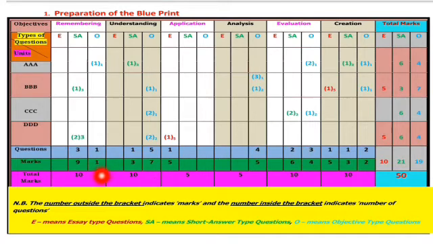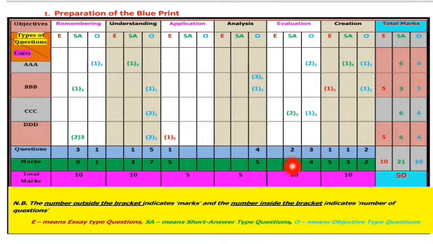See, here objective 1 marks, 1, 7, 1 plus 7, 8, 8, 9, 10, 11, 12, 13, 14, 15, 16, 17, 18, 19.